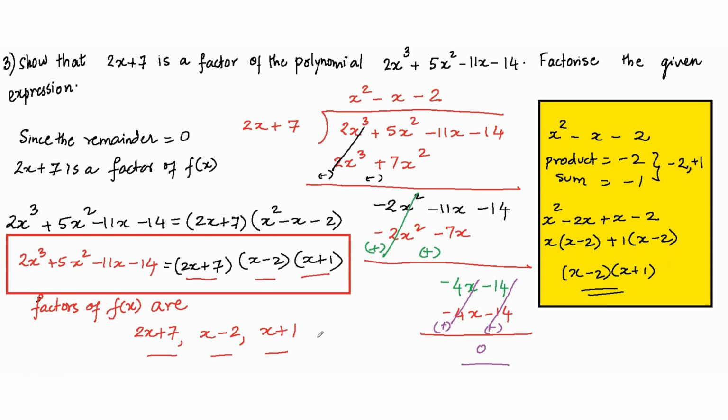Okay, so now let us see how to solve the same problem using the factor theorem. What I'm going to do is, I'm going to start off with using the remainder theorem.